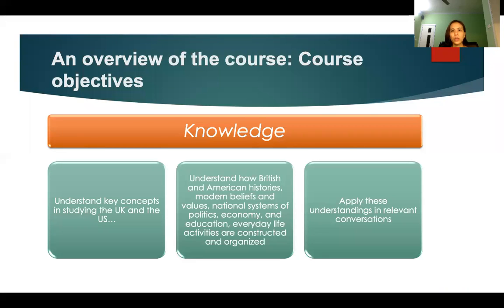The knowledge objectives of the course are for students to understand key concepts in studying the UK and the US, to understand how British and American histories, beliefs and values, politics, economy, education, and everyday life activities are constructed and organized. As a result, the students can apply these understandings in relevant conversations.